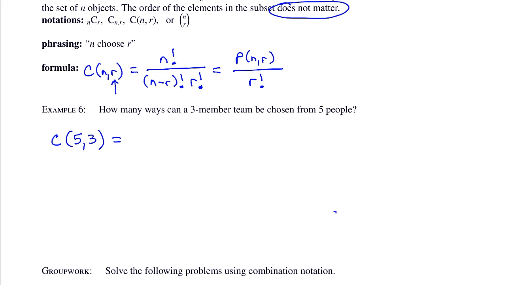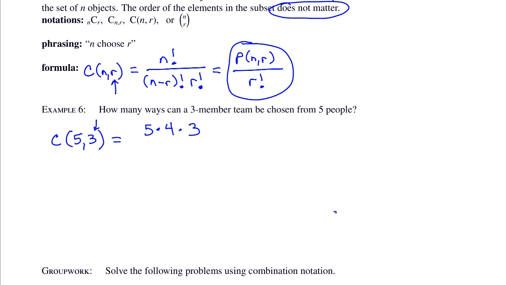And I'm going to use this second formula to show you how this works. Aside from using the calculator, the way to do this is to start with the 5 and run it down the number of numbers that are the number you're choosing. So we're going to start with 5, then 4, then 3.